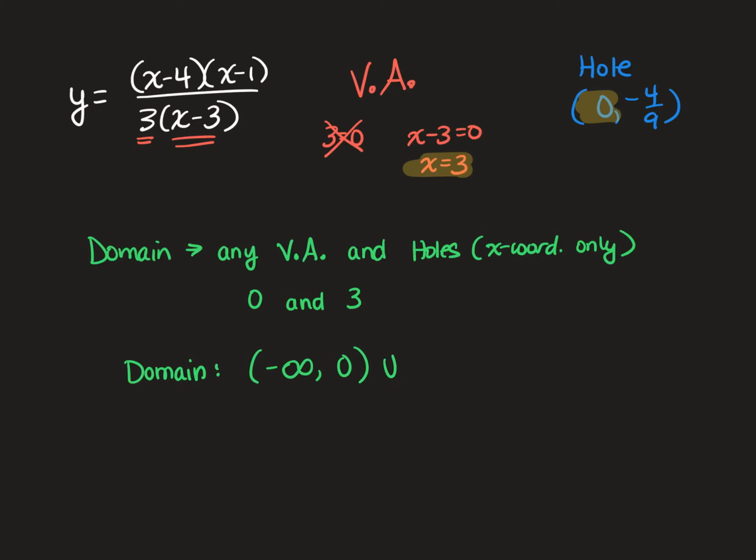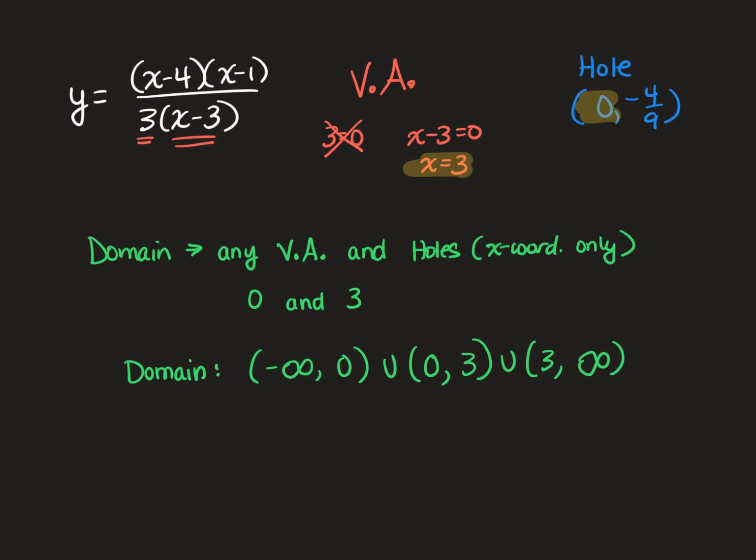I know that I can't include 0, so that's why we have the parentheses and the union symbol in between the two portions of our domain. Then we pick up from 0, and we're good until we hit that second undefined value, which represents our vertical asymptote. After that we're good until forever, because there are no other x values that we can't include in our domain.